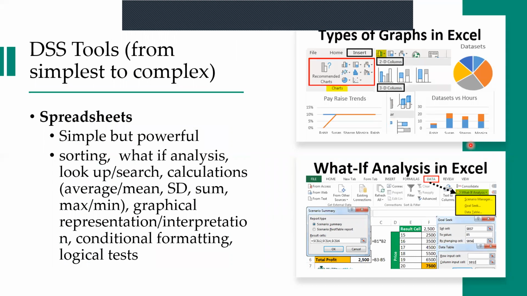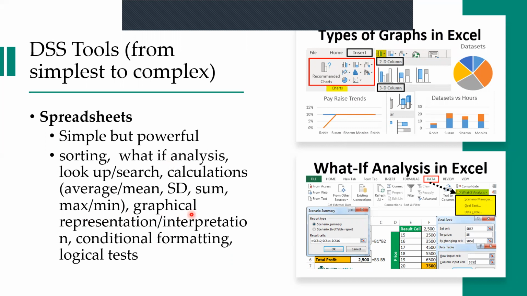Now let's move on to the different DSS tools from the simplest to the most complex. Spreadsheets are actually simple but powerful DSS tools. We can use them for sorting, for what-if analysis, for sensitivity analysis, lookup and search calculations, and graphical representation. In fact, making graphs, that's already a DSS.